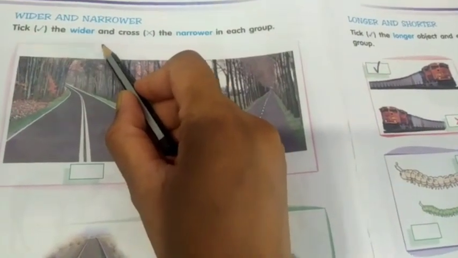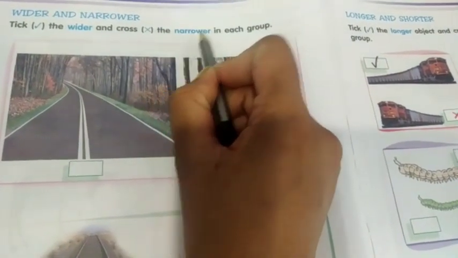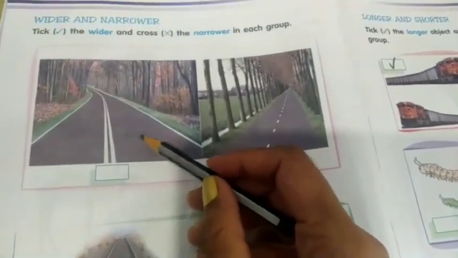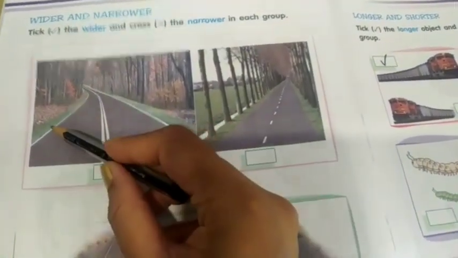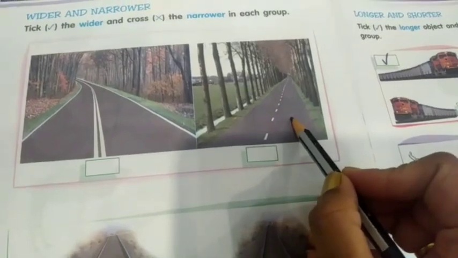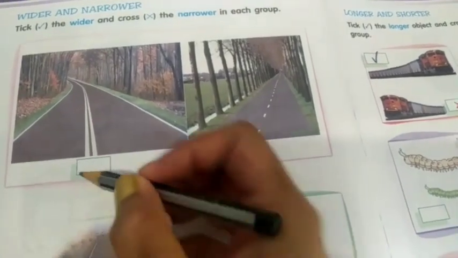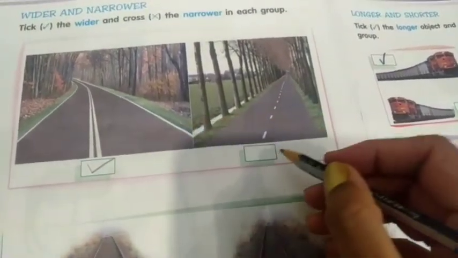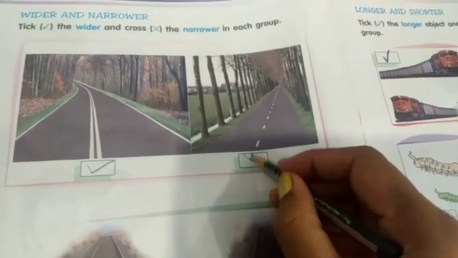Tick the wider and cross the narrower in each group. So, you can see the sides are not so close and here the sides are close. This is wider, so tick it, and this is narrower, so cross it.